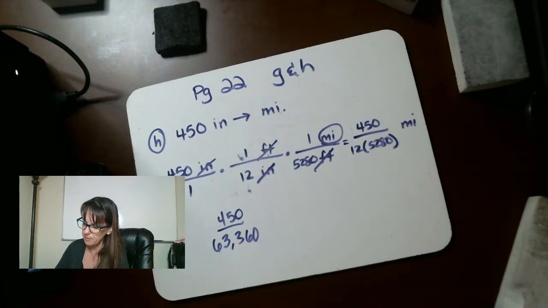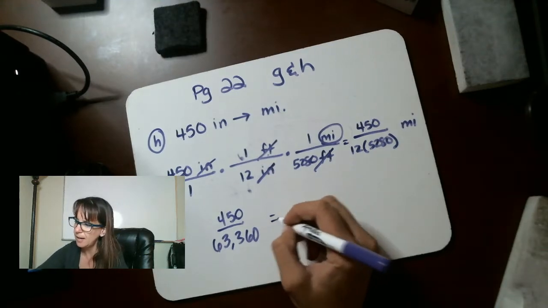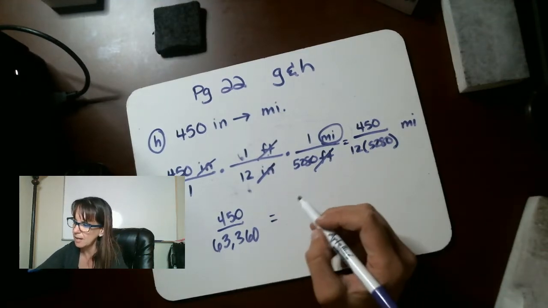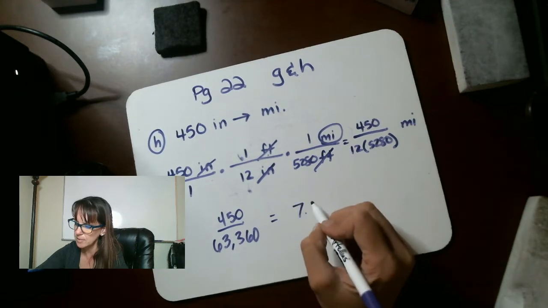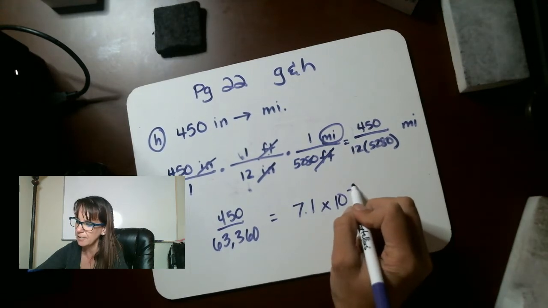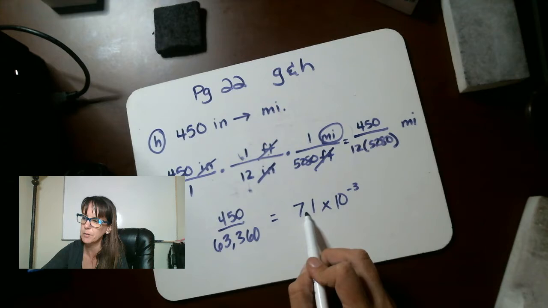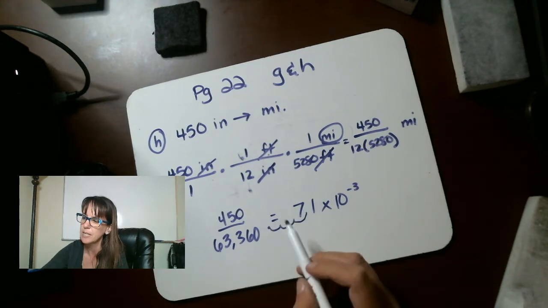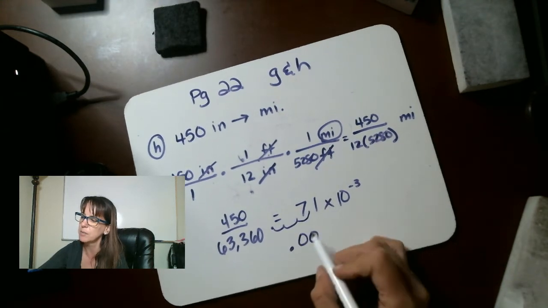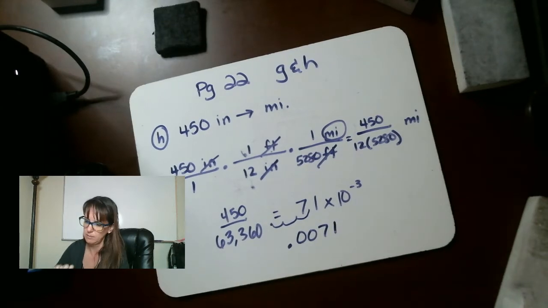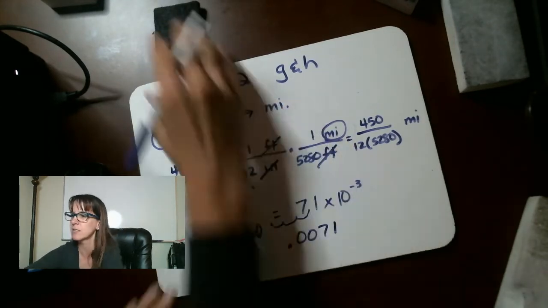So 450 divided by that big number would give me 7.1 times 10 to the negative 3. So it's going to be in the third direction, 1, 2, and 3. So it's going to be 0.0071. Excellent. So that's why you don't have to actually do the math, because it's going to be some wonky numbers.